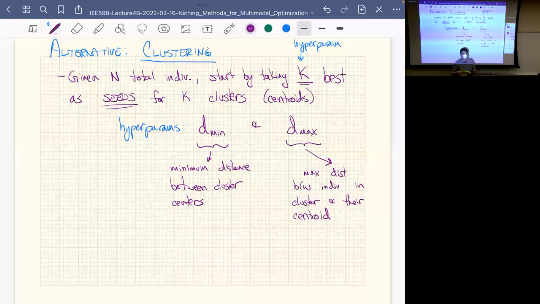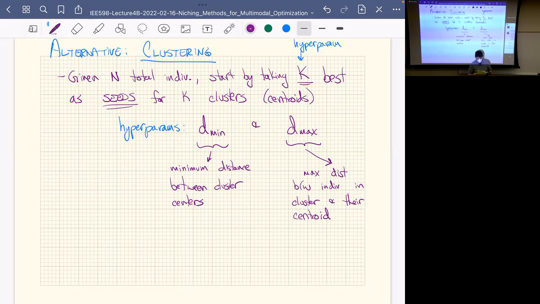Typically it's going to be easiest to do this in genotype space. If you can do this in the niche space, you probably will be better off in performance, but figuring out how to do the geometry in the niche space is going to be a lot more difficult than just using the decision space instead. So we use these parameters to adjust the cluster components and the number of clusters.